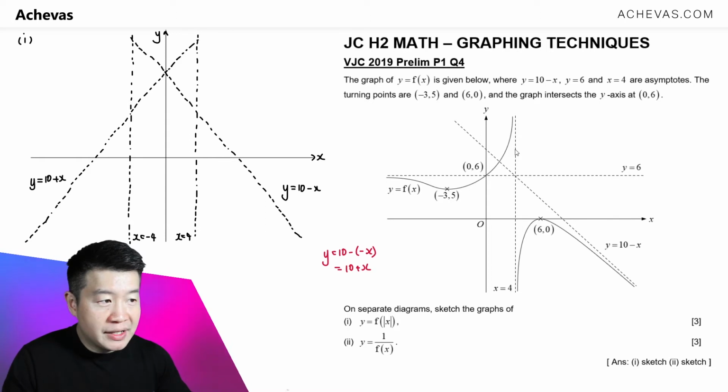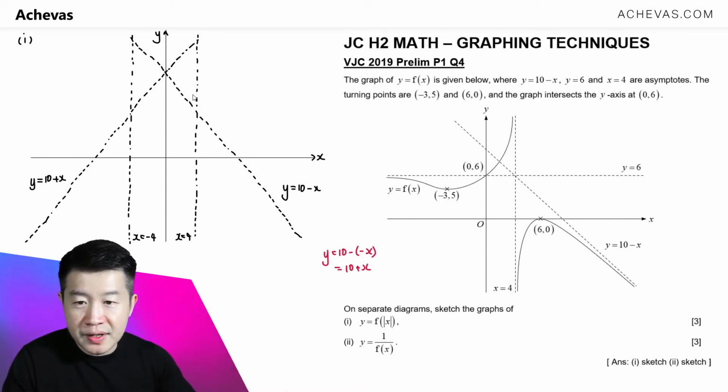And if I were to duplicate this part, we will have something that is like this. So at the same horizontal level as this intersection here, we will have where the graph is going to be intersecting the y-axis, the y-intercept.